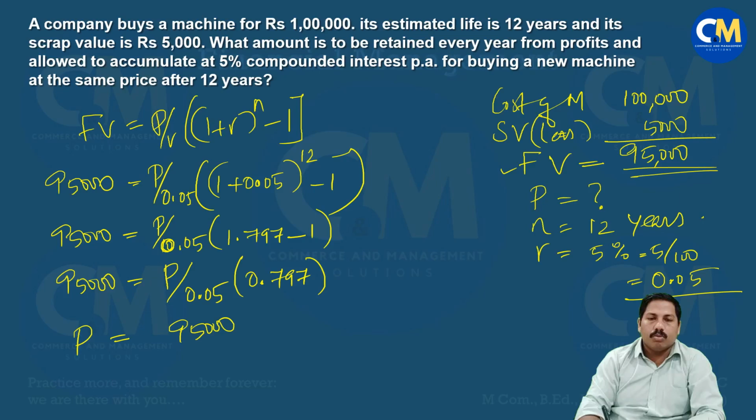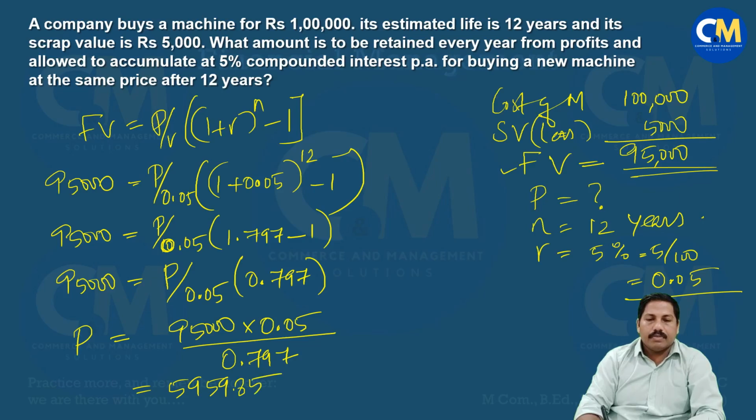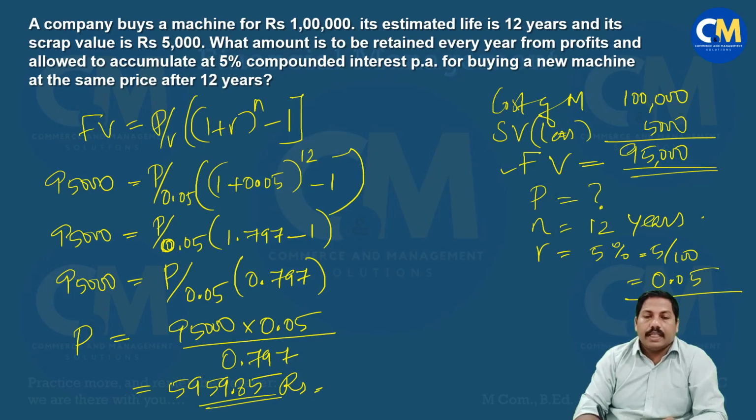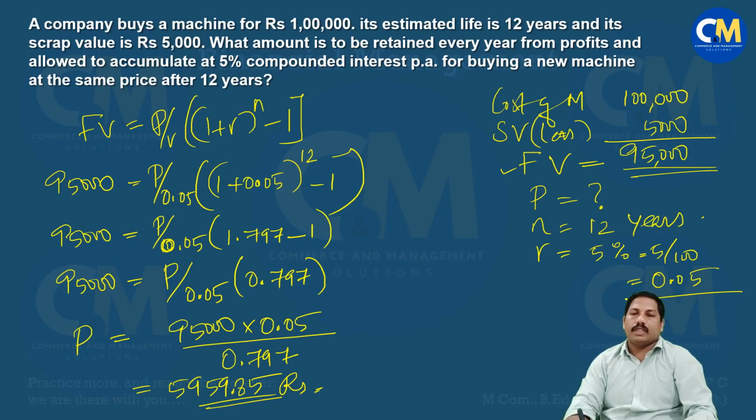P is equal to 95,000 into 0.05 divided by 0.797. Then you will get the answer, 5,959.85 rupees, that they have to maintain every year to get the 95,000 at the end of the 12 years.